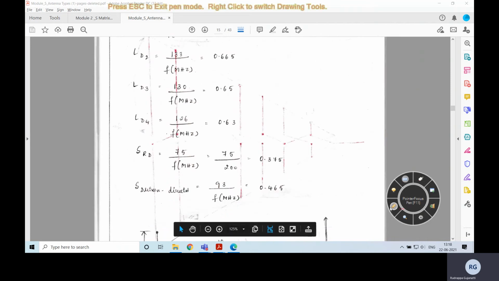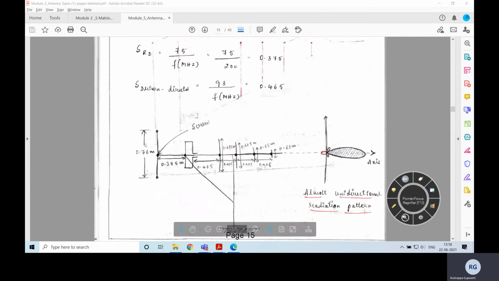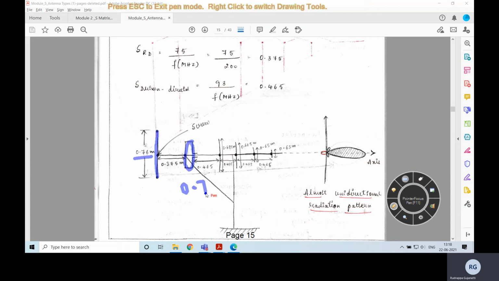Now let us see what the spacing should be. The spacing between the reflector and the driven element is 0.375, whereas between the driven element and the director it is 0.465. Now let us see how the antenna will be designed. Here we have the reflector whose length is 0.76, and the driven element whose length is around 0.71 meters.